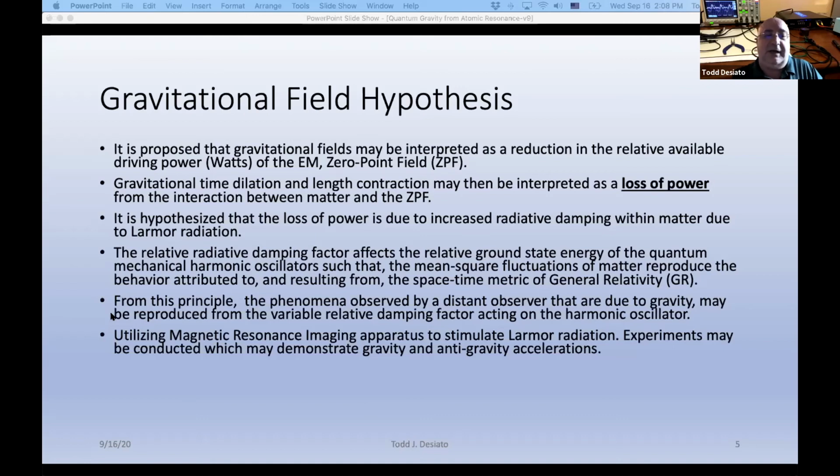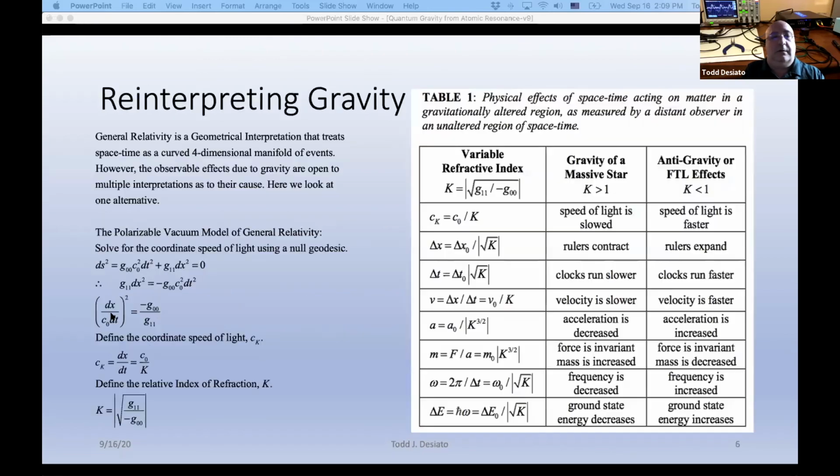Utilizing magnetic resonance imaging apparatus to stimulate Larmor radiation, experiments may be conducted which may demonstrate gravity and anti-gravity accelerations. There's a known interpretation of gravity called the polarizable vacuum model, originally presented by Hal Puthoff.